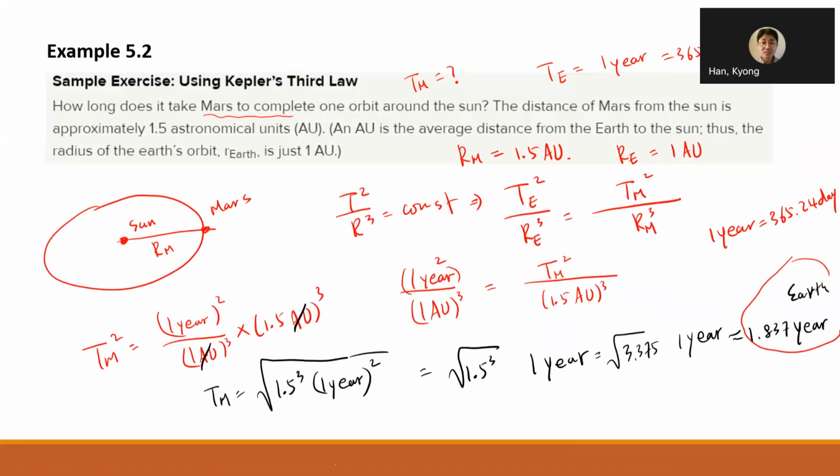So we multiply 1.837 by 365.25, which gives 670.96 days. That is the time for Mars to complete one revolution: 670.96 days.